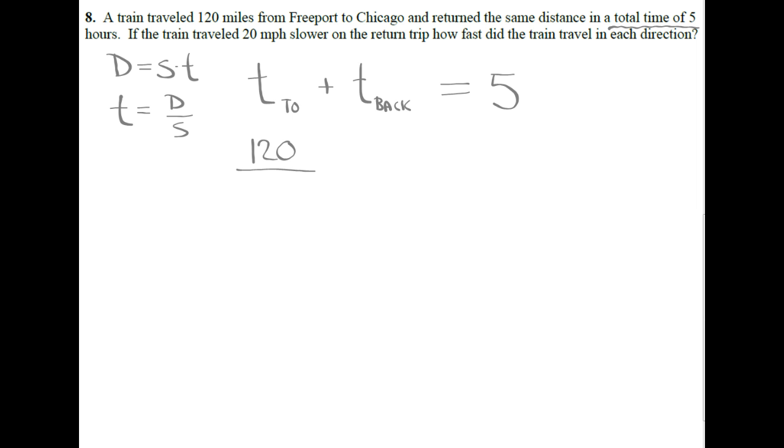If the train traveled 20 miles per hour slower on the return trip, so this would be an unknown value x for the speed there. And I do know that on the return I went the same distance, but I just went 20 miles an hour slower. So what I really have now after I set up this relationship is a rational equation with, essentially, 3 rational expressions involved.